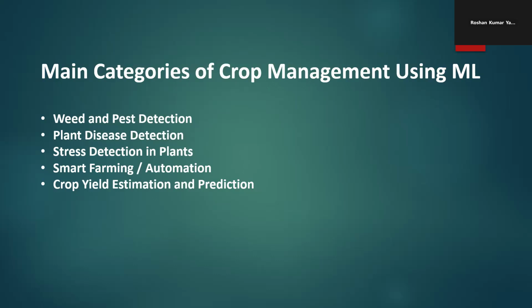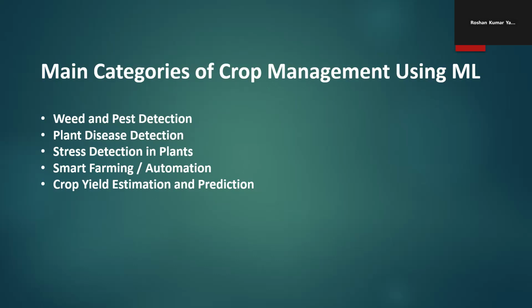In this article, the authors suggest that random forest and support vector machine are best for weed and pest detection, whereas for plant disease detection we can use models like SVM and CNN. For state detection the best models are SVM, random forest, and decision tree.